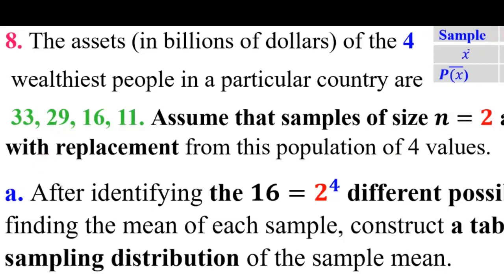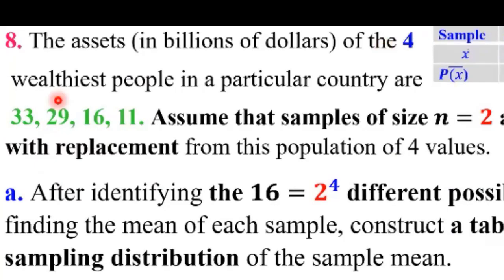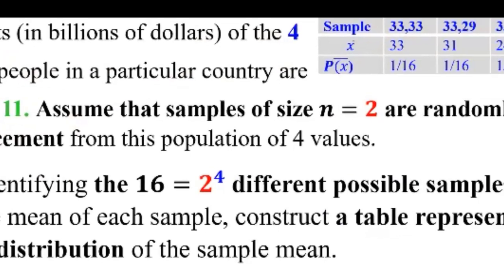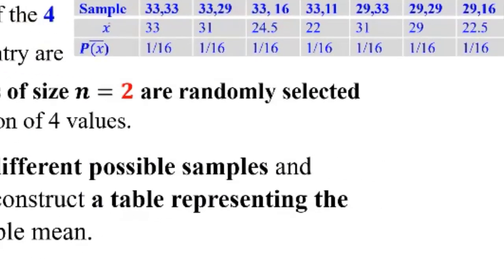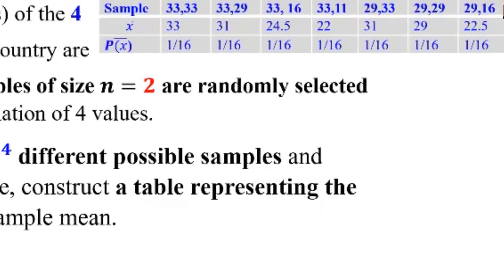We choose 33 with the next number 29, then 33 with 16, then 33 with 11. Look at those 4. Then we go to number 29. We choose it with 33. Then 29 with 29. 29 with 16. 29 with 11. Then we move on to the rest of them. I'm going to assume everybody can figure out what they are.